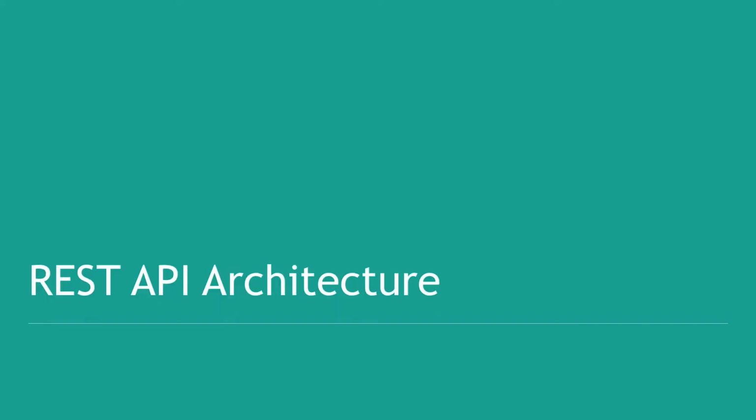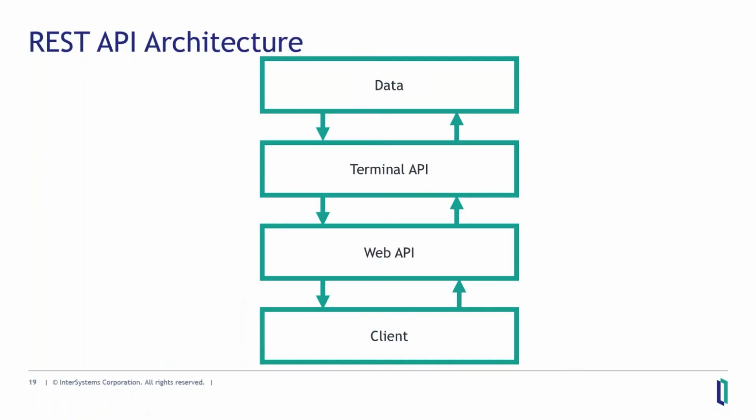So we are moving to the main part of this webinar, which is REST API architecture. These are various considerations, various questions you need to ask yourself before you start writing any code. We start with a very high-level overview. First you have data, which is usually a set of persistent classes in which you store your business data, obviously.